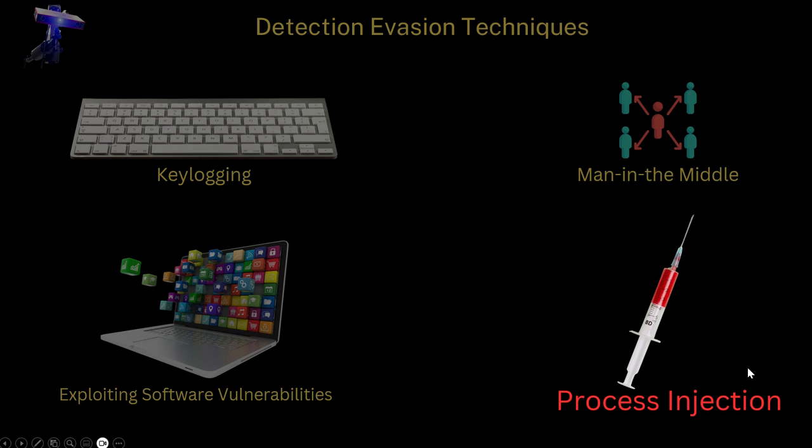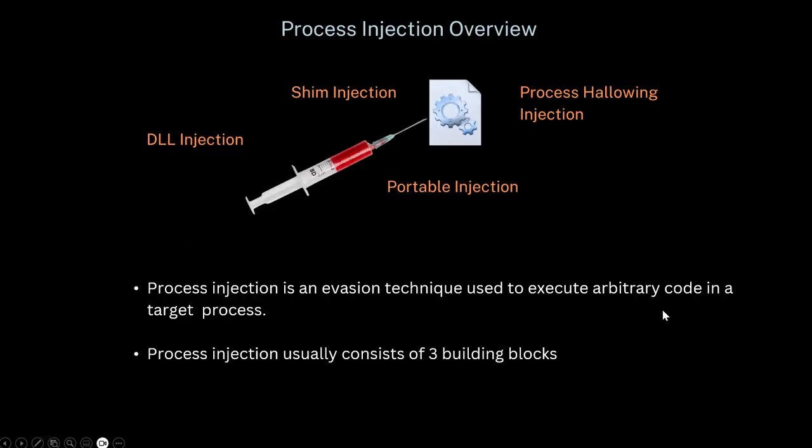So process injection, we will look at its role in malware operation and what the process injection technique is. A very short overview: process injection is an evasion technique that is used to execute arbitrary code in a target process. That is what the definition says. When any process runs in Windows, it gets assigned a virtual address space, a protected virtual address space in which that process executes and the whole working is done.